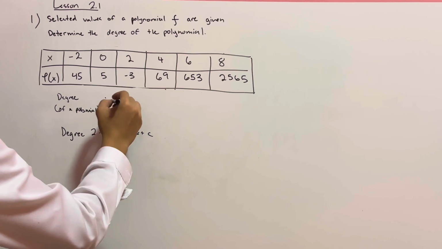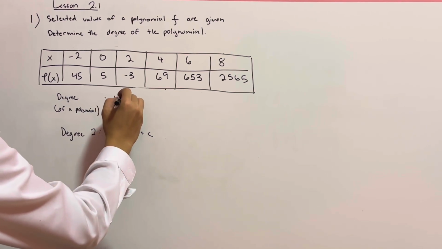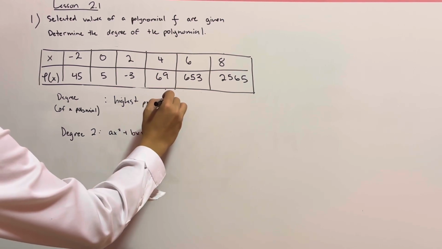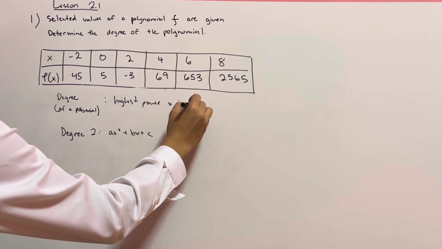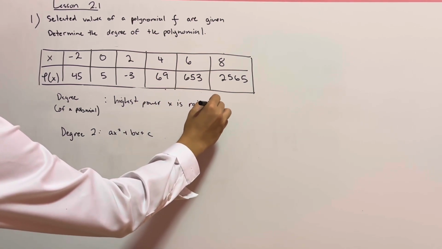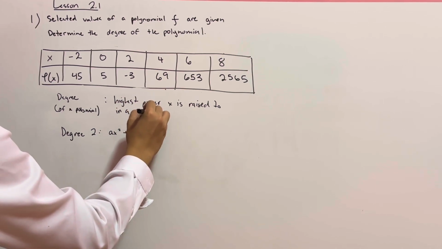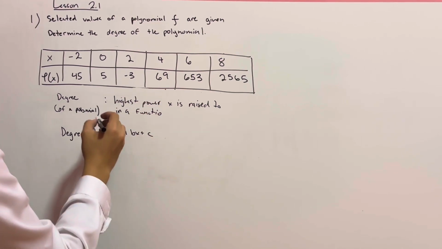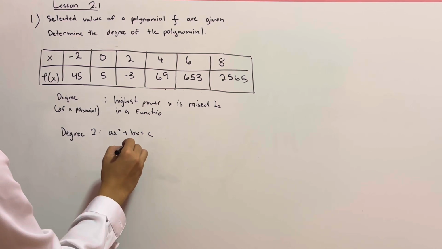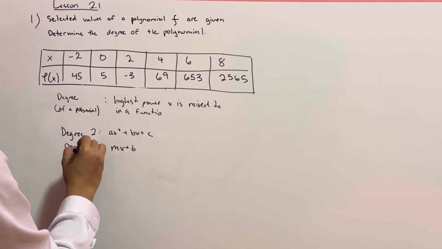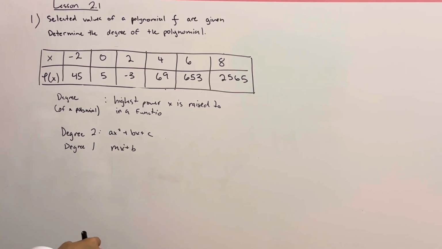Degree of a polynomial, here's the formal definition for it. It is the highest power x is raised to in a function. So we look back at degree 2 functions versus degree 1 functions, right?